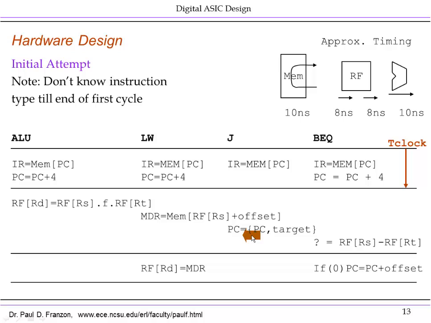The jump, we'll calculate the new PC in the second clock cycle. For the branch, we'll have to take 2 clock cycles to complete this because both of these require the ALU. We spend 1 clock cycle doing the subtraction, and the third clock cycle changing the PC if we need to change the PC.